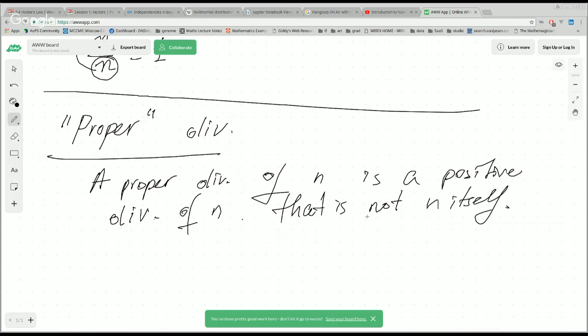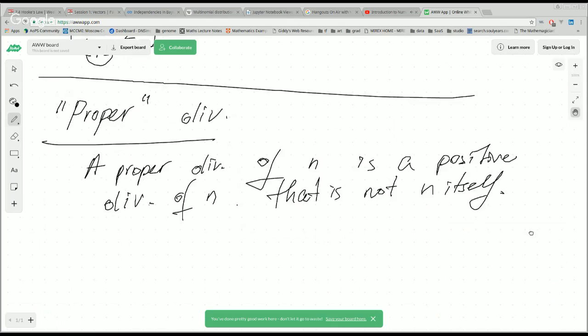Remember, we said for any non-zero number, that number is a divisor of itself, right? We just showed that n over n equals 1. So the number itself we don't take into consideration. Every other positive divisor is a proper divisor.